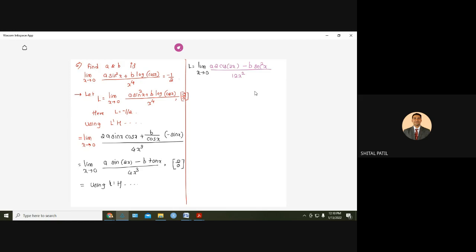Now substitute x equal to 0. Cos of 0 is 1. So we have 2a minus b divided by 0. Any number divided by 0 is infinity. But what the problem is, we know the L. L is known to us, and L is finite.